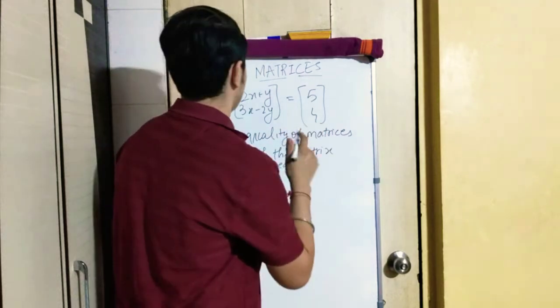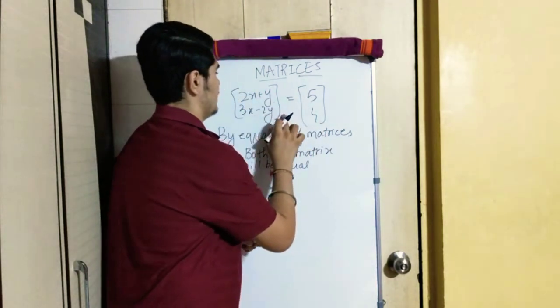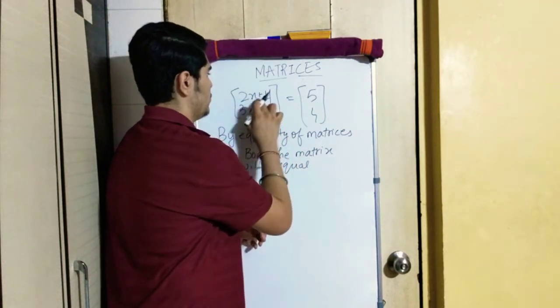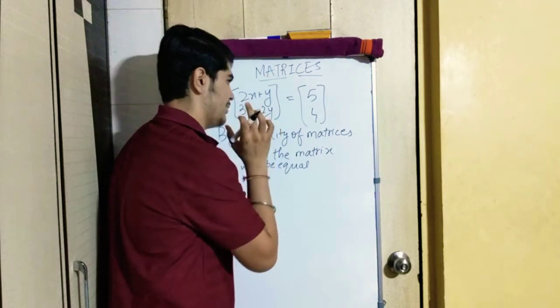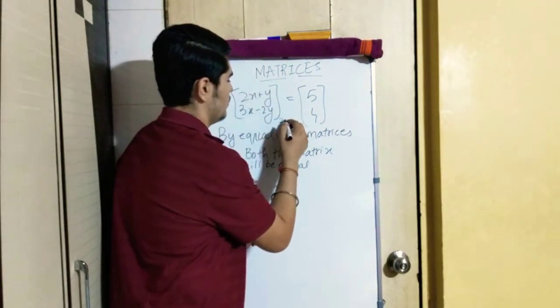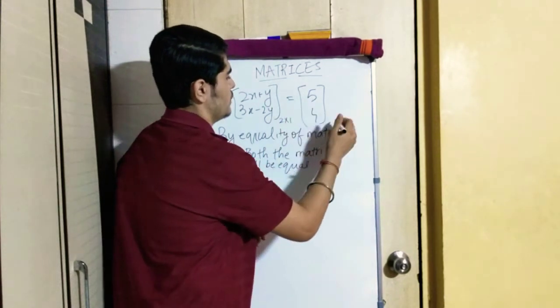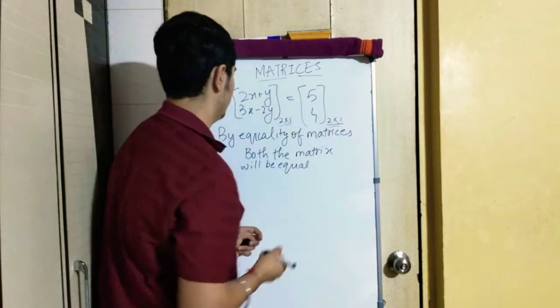Sorry, wait, actually I forgot to tell you that we have to first calculate the order of the matrix. Here 2x plus y means a single term, not two terms. Here 3x minus 2y means a single term, not two terms. So here it is 2 into 1 and here is 2 into 1. So yes, we can write it.